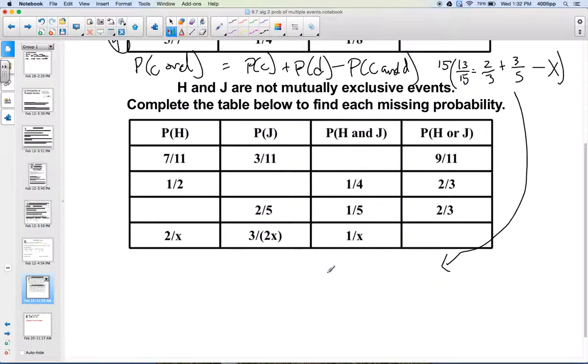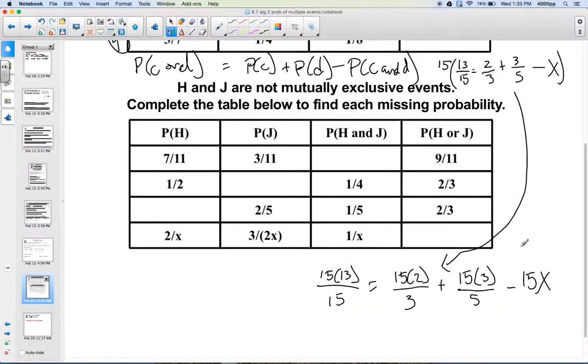I'm going to get 15 times 13 over 15 is equal to, multiplying it to every numerator here, 15 times 2 over 3 plus 15 times 3 over 5 minus 15x.